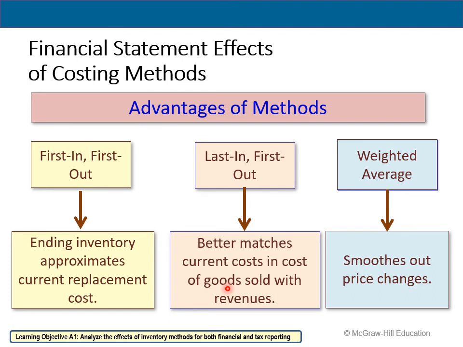Under LIFO, the cost of goods sold on the income statement is a better, more accurate number because it lines up with current cost. Weighted average will always split the difference between the two.